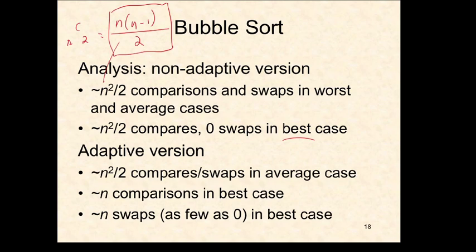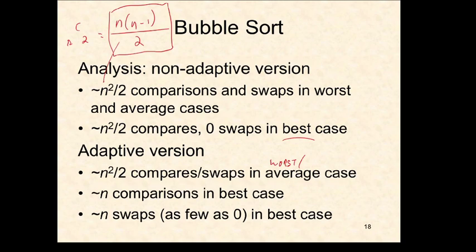In the adaptive version, in the worst and average cases, we'll get about n squared over 2 comparisons and swaps. Still in the adaptive version, in the worst case, it doesn't change.